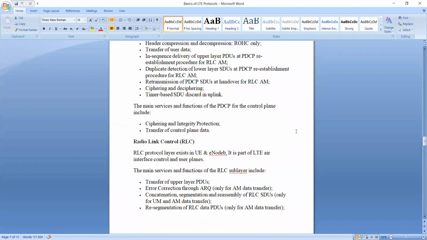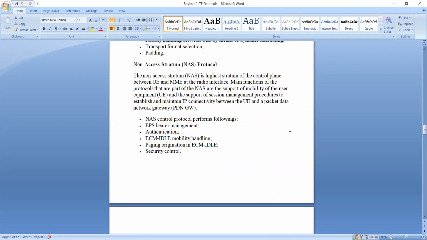So, non-access stratum responsibilities. Here you can write NAS, make a heading NAS. It is responsible for EPS bearer management, NAS authentication, ECM idle mobility handling.